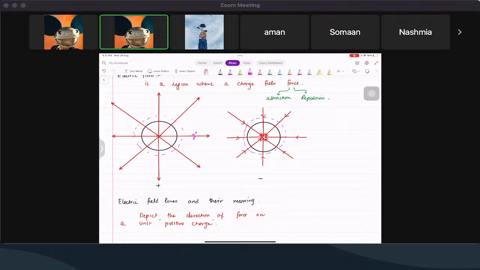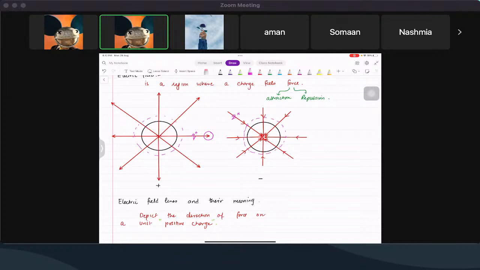Away from it, right? Yes. So this is what the line is depicting, that if you put a positive charge, it will go away. If you put a positive charge here, because it gets attracted to the negative, the line is going like that. Understood? Yes, sir. This is the reason we draw lines like this. It is not a random thought, it has a meaning to it, and that's what I wanted to tell you.